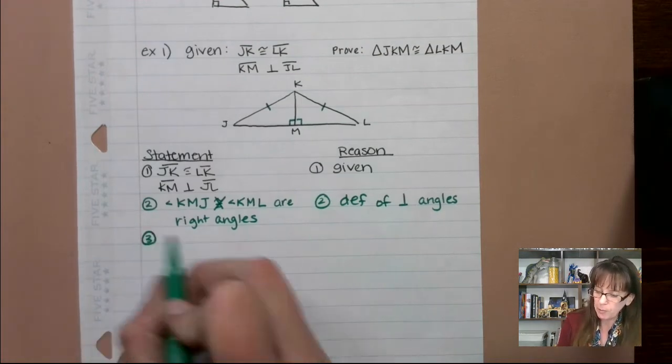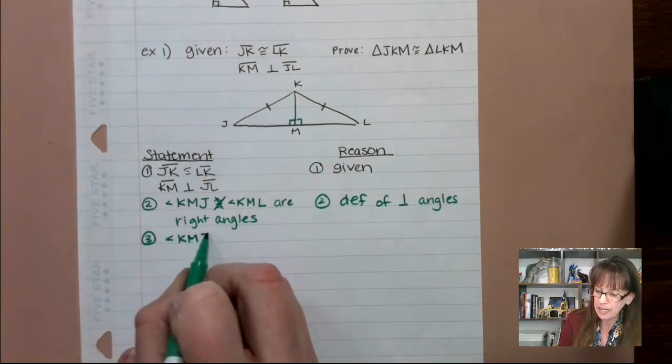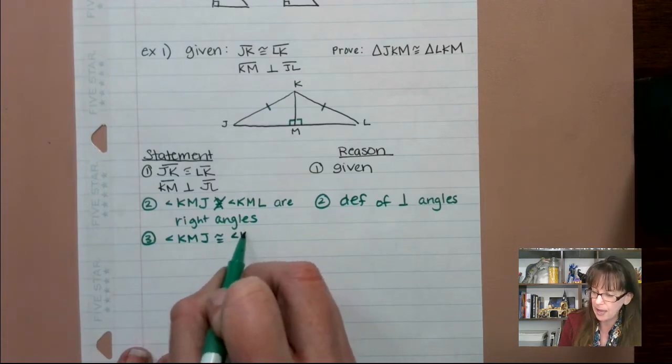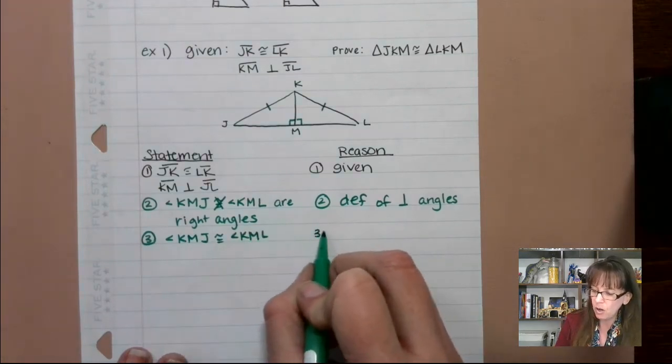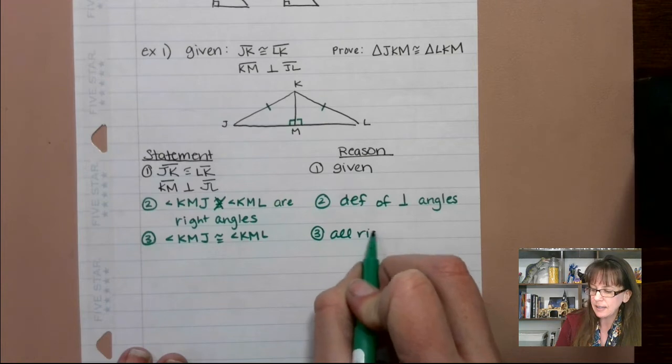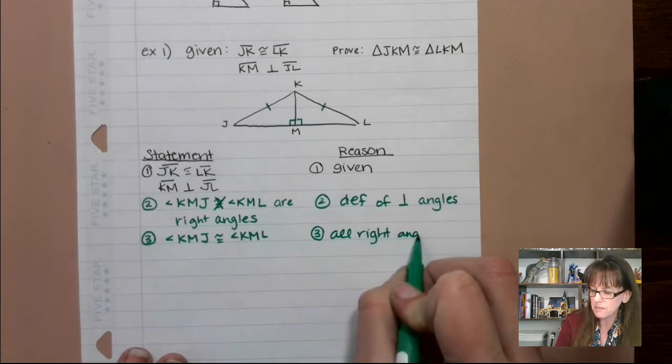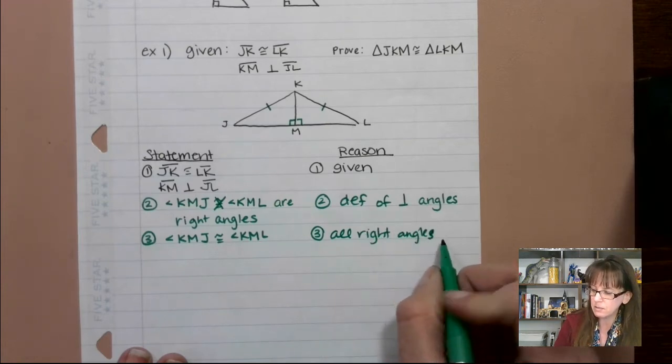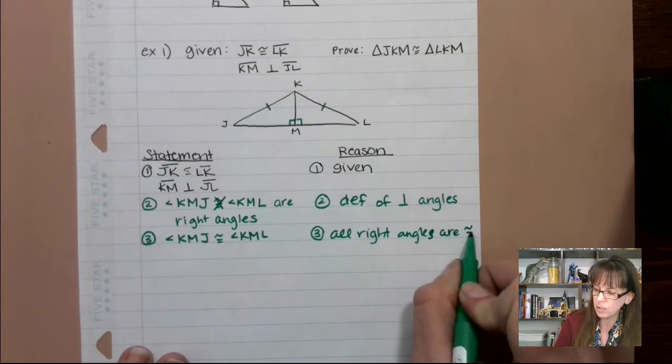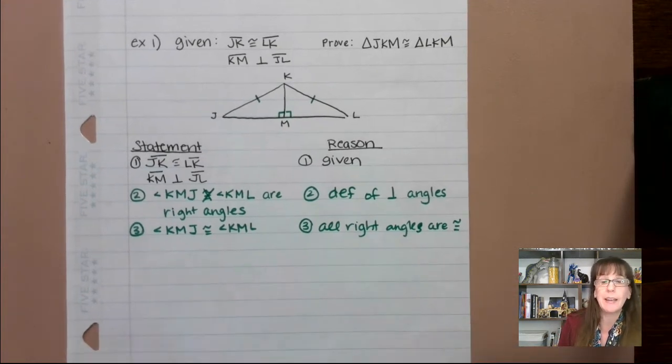But for the third part, we have to say that KMJ is congruent to KML, because all right angles are congruent. All right angles are congruent. Again, it seems super obvious, but you still have to put it in your proof.